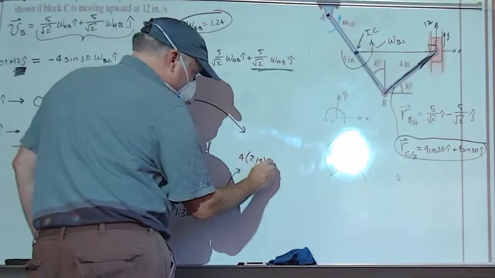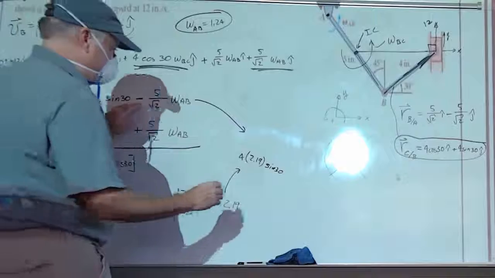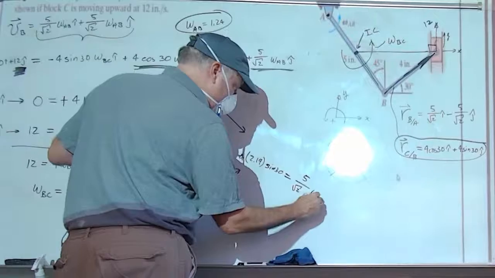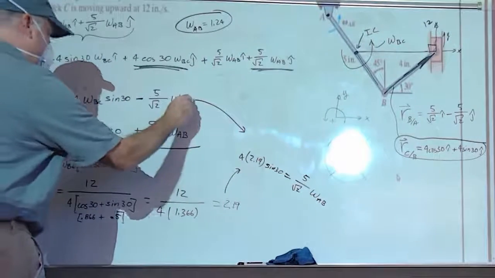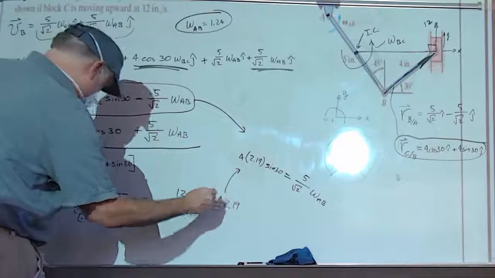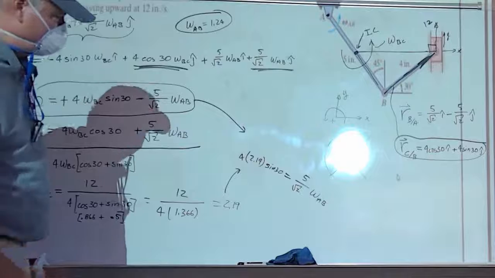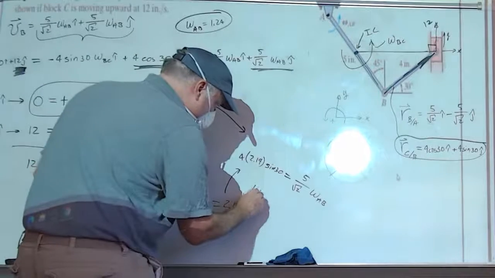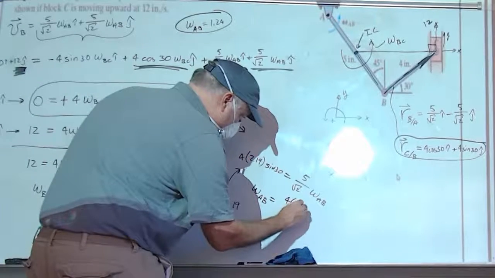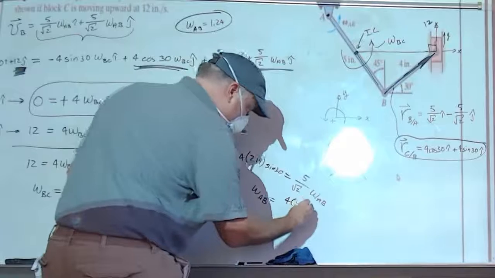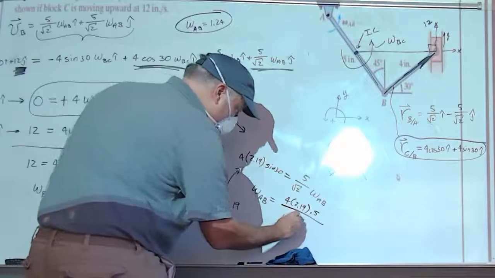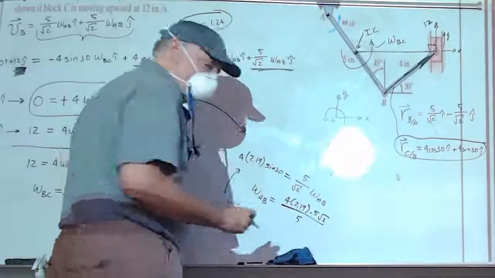Sine of 30 equals 5 over square root of 2 omega AB. So what I'm doing is I'm combining this equation with this number, omega BC, and so omega AB should be equal to 4, 2.19, sine of 30 is a half, divided by 5 times the square root of 2.